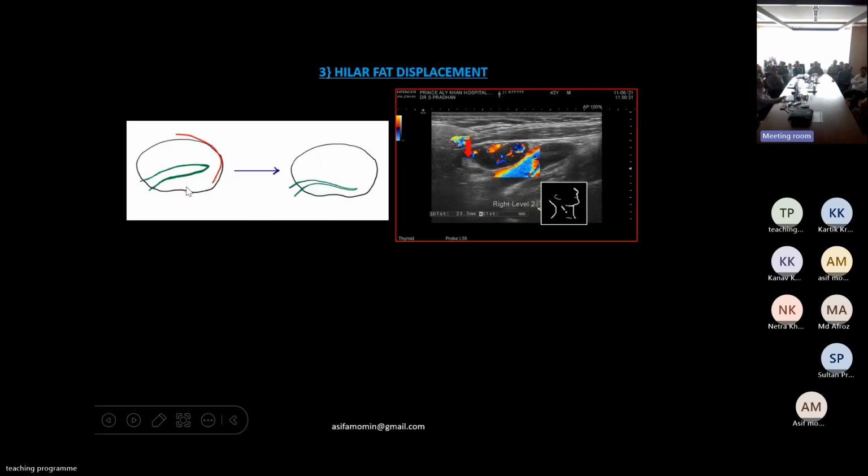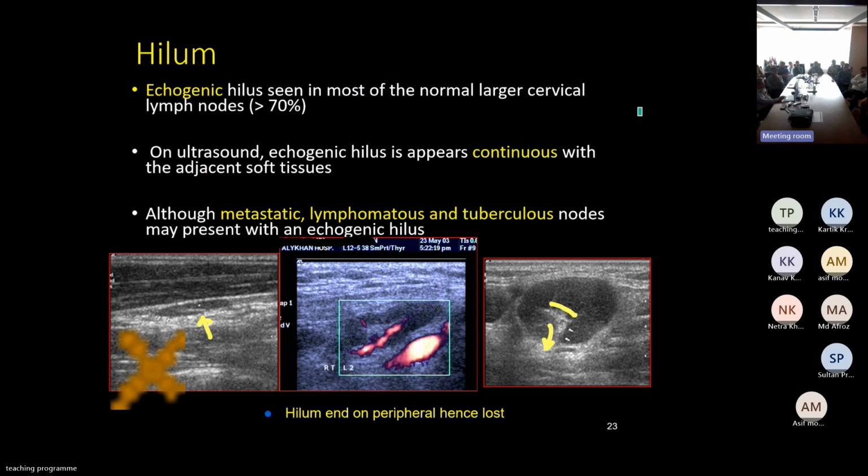Hilar fat displacement, as we understand from here, is something where a node will have a fatty, white-looking hilum through which a vessel runs, but that can get displaced because there is tumor deposition in that area, which is what generally allows us to pick up an abnormal node. So this is a normal thin hilum which may not be seen.